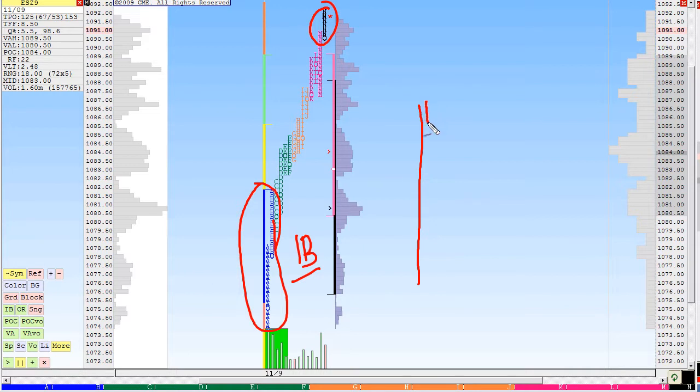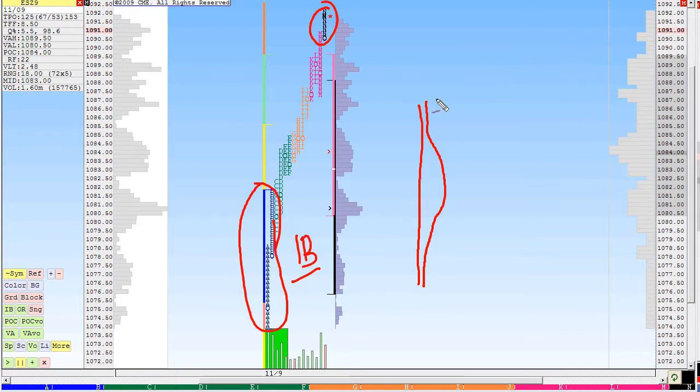So from there, price is meant to be distributed across that IB. And in this case, we had an IB that wasn't very large. It was actually quite tight, but from there we broke out and we kept on making higher highs on the TPOs, the time price opportunities.